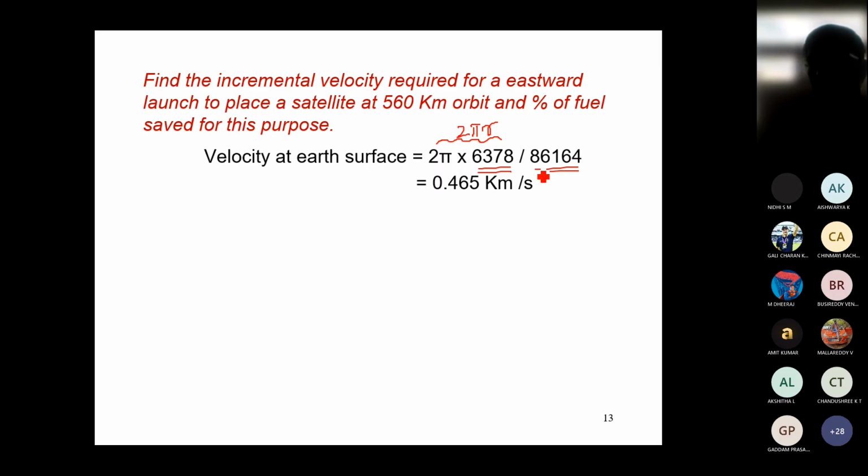If you convert that value into seconds, it will be 86,164 seconds. So this ratio you will get as a unit of kilometer per second. So the velocity of the Earth is 0.465 kilometer per second.